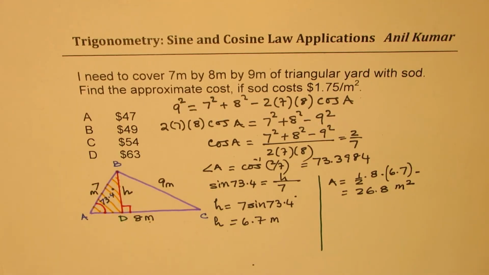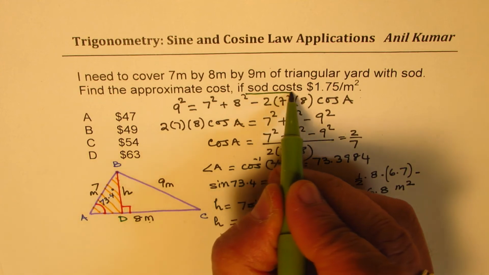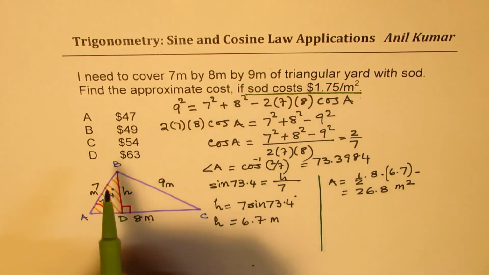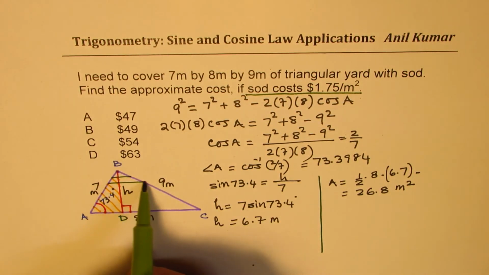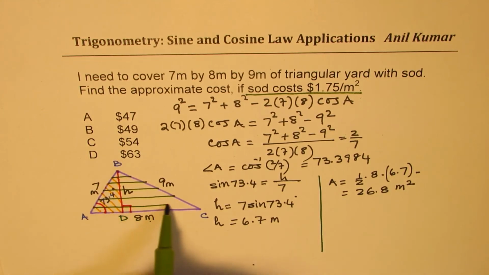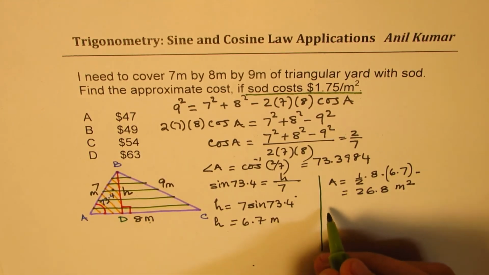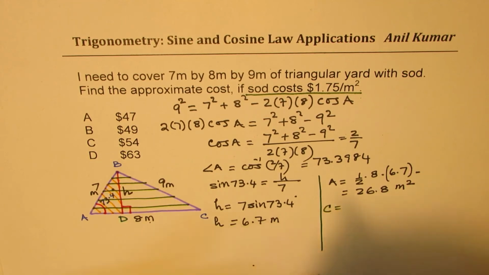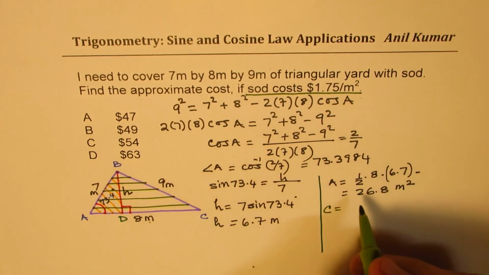Now we need to find the cost of sod. So this area has to be covered with sod, whose rate is 1.75. The whole area has to be covered, so we need to find that cost, correct? So the cost will be area times the rate, which is $1.75.